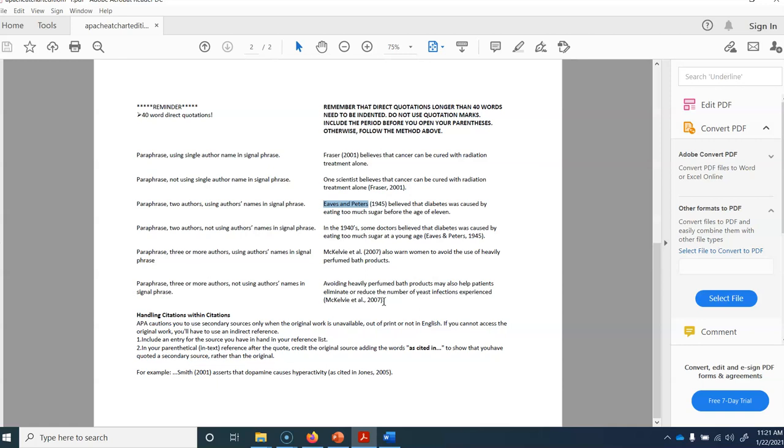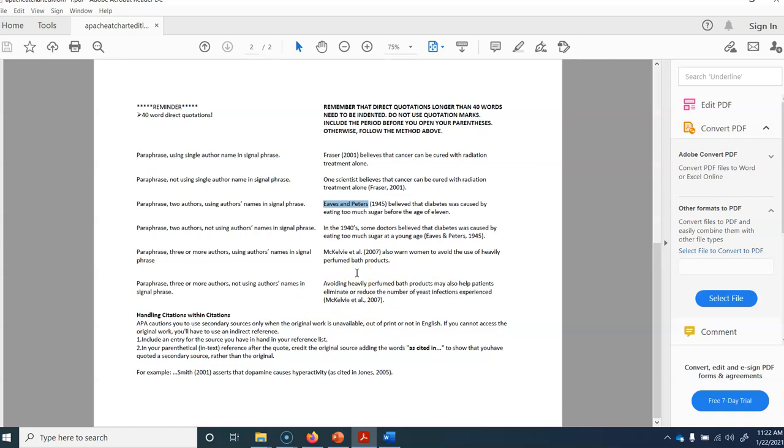A couple of things that I want to mention to you. APA says that when you have a quotation or a citation within a citation, you're going to do something a little bit different. So let's say you're looking at an original document, and that original document includes an APA citation. So they've cited somebody else as they're writing.